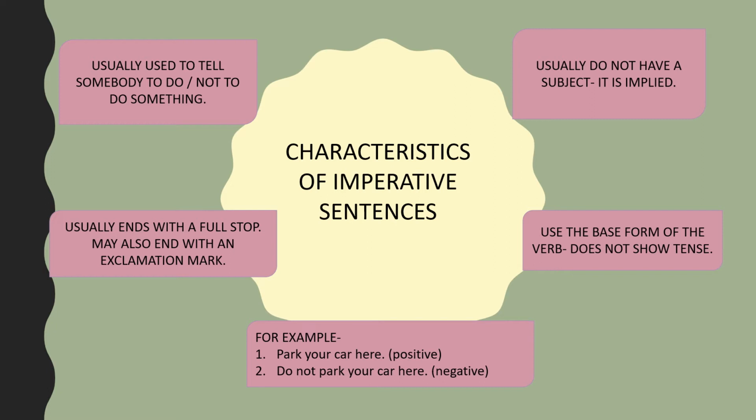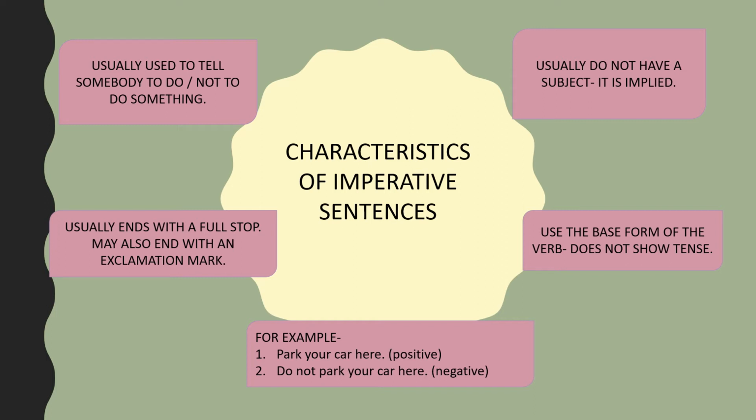When you want to give some instruction to somebody and tell them to do something or not to do something, right from here you can understand, when you tell them to do something, it is a positive sentence. You're right. And when you're telling them not to do something, then it is a negative sentence. You can see the example down below. Park your car here is a positive sentence. And do not park your car here is a negative sentence because you're telling them not to do something.